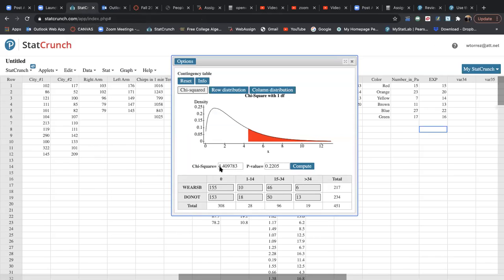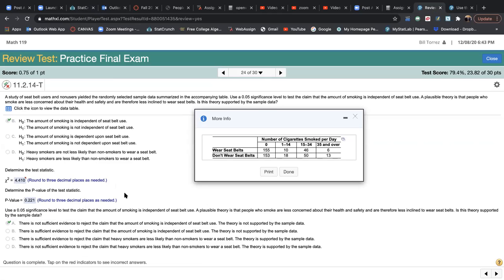To 3 decimal places, this would be 4.410. So no credit taken off if you report the result 4.410 as given to you in StatCrunch here. Okay, and now we can make our decision.